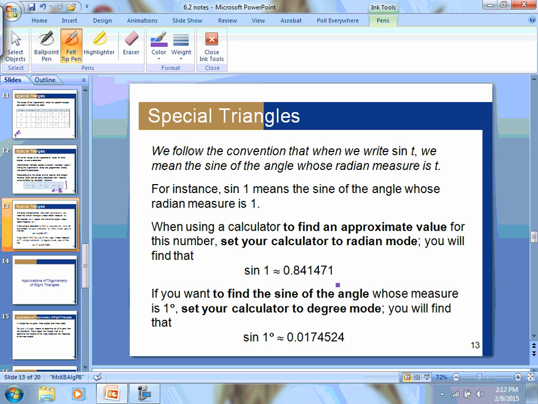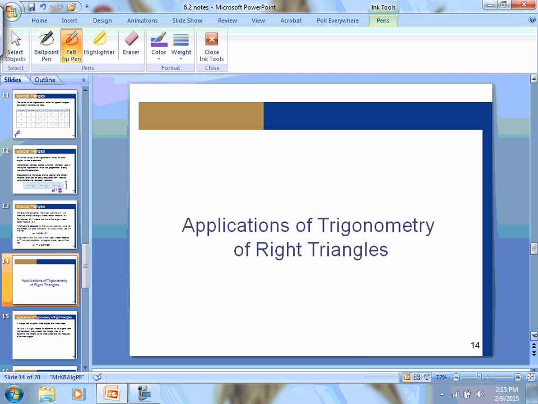So that's going to have a different decimal than if you're in degree mode and you take the sine of 1 degree. So just keep that in mind, that you have to pay attention to what mode your calculator is set in. And as we go through the chapter, we'll talk about when you need to switch from radian mode to degree mode, etc. But again, that you should be familiar with.